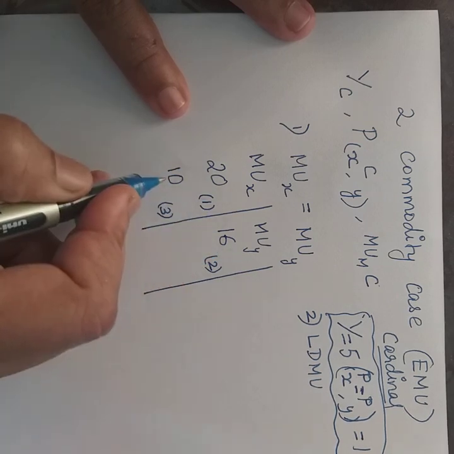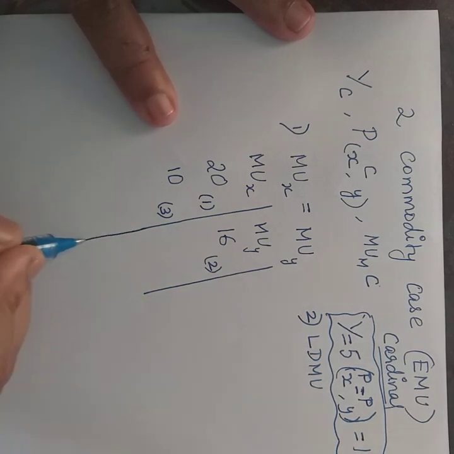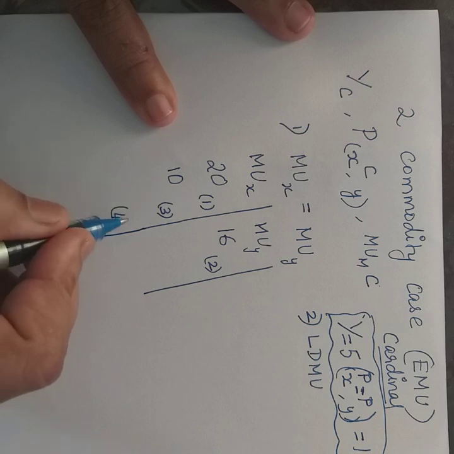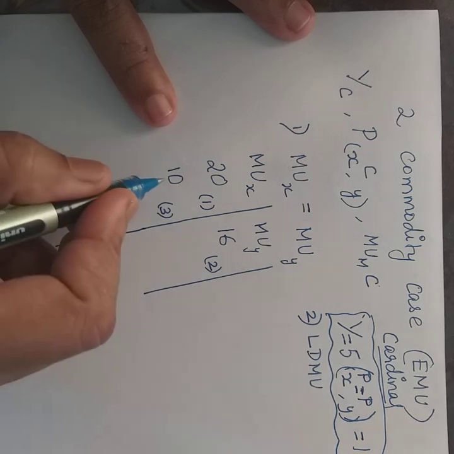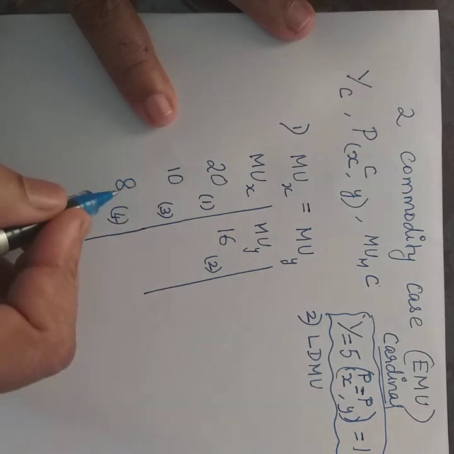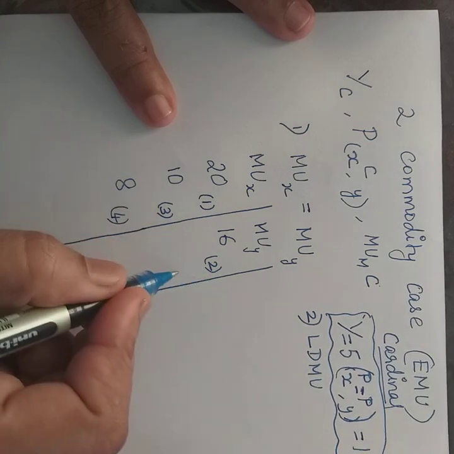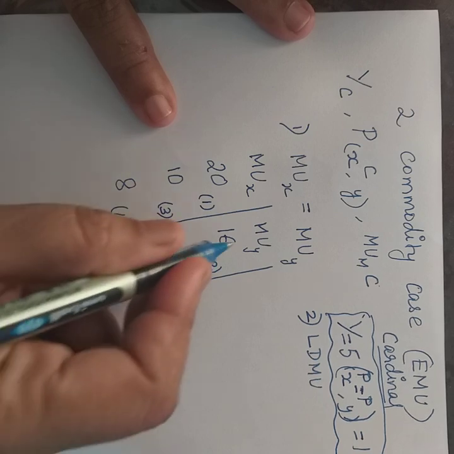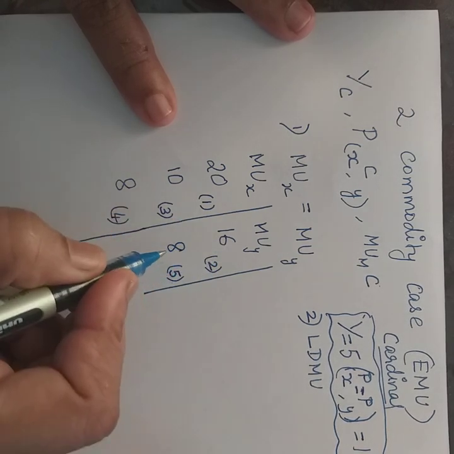20, 16, 10. Then the fourth rupee is going to be spent on X itself. So if that is going to be the case, the fourth rupee that is spent might give lesser utility than the previous one, so 8. Then he is going to move on and spend the last rupee on Y commodity, which is also going to give 8 utils, right?